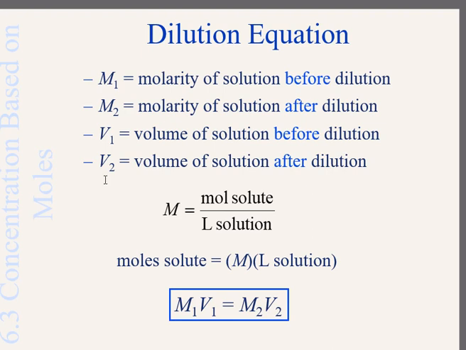Now, the way it works is you transfer a certain amount of the concentrated stock solution into a new volumetric flask in which you are making a dilute solution. Let's say that the total volume of the volumetric flask is 1 liter, and you transfer 100 milliliters of your original concentrated solution into that 1 liter flask, and then you have 900 milliliters of space remaining inside the volumetric flask, which you fill up with your solvent.